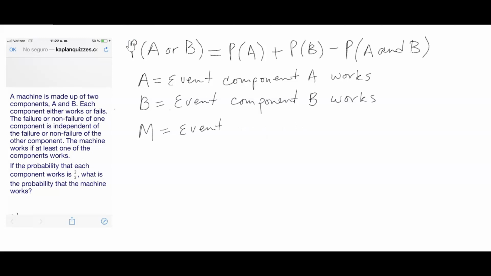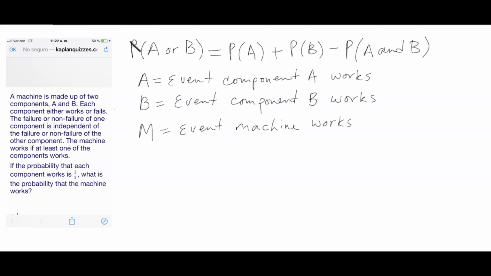So M is the event that the machine works. Okay? So we have a formula. We're going to need a couple more formulas in order to make this work. All right, so let's look at the problem now.